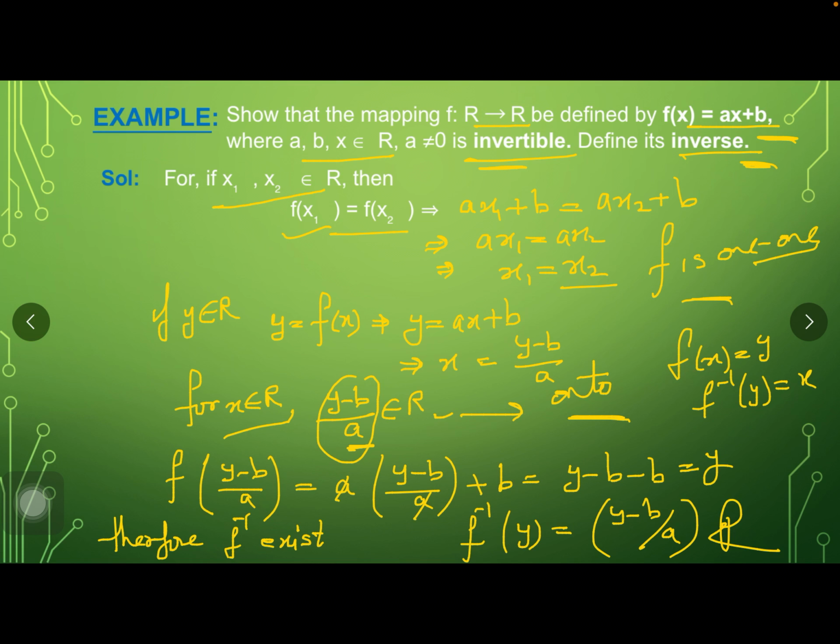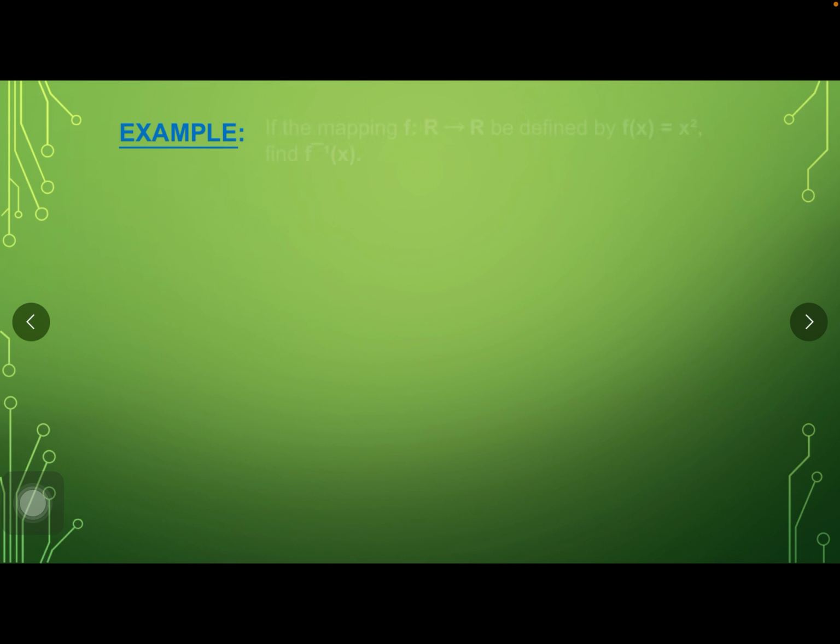So this is our f inverse, because if we have f(x) equal to y, then f inverse(y) is x, right? So if f((y minus b) upon a) is equal to y, our f inverse(y) is (y minus b) upon a. Clear? How to check the 1-1, onto and how to find the inverse?